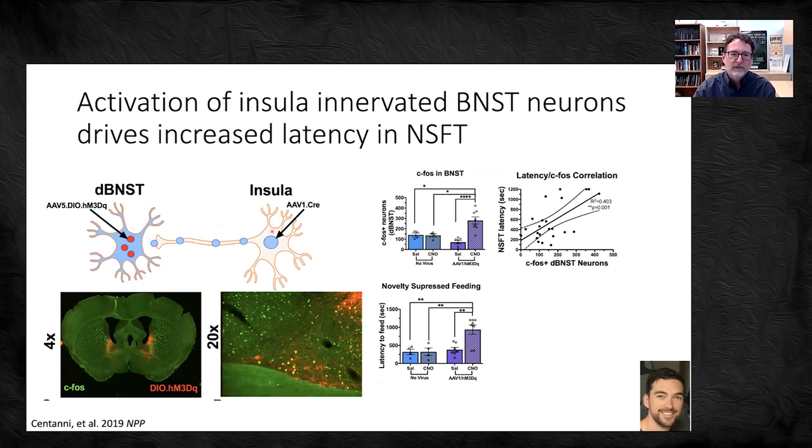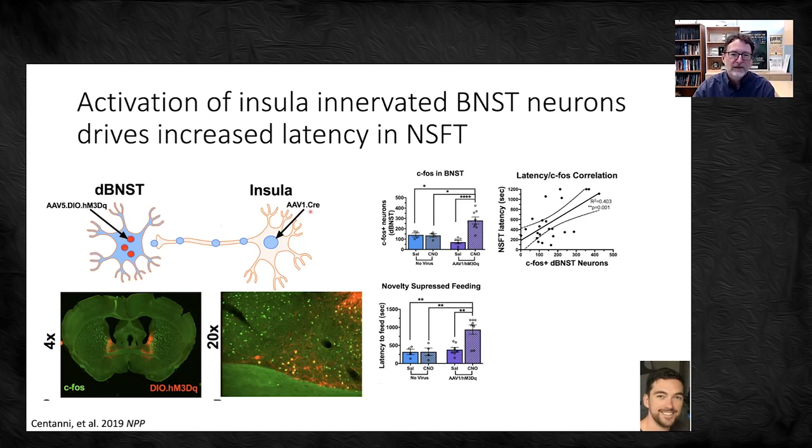In the insula, we put a special AAV1, which is an anterograde Cre. This Cre infects the cells in the insula, moves down the axon, and is capable of anterogradely jumping synapses and moving to downstream neurons in a neural circuit.